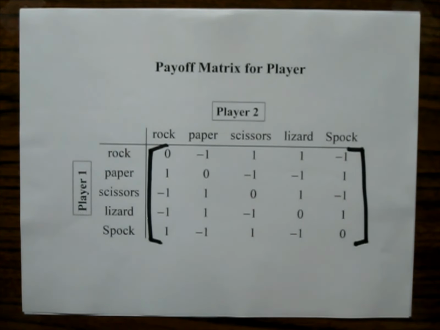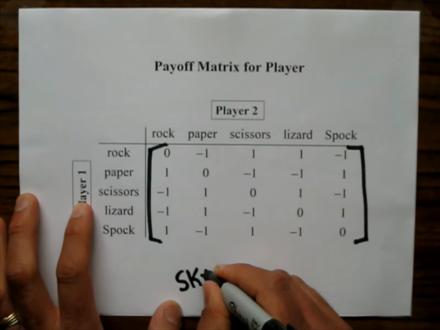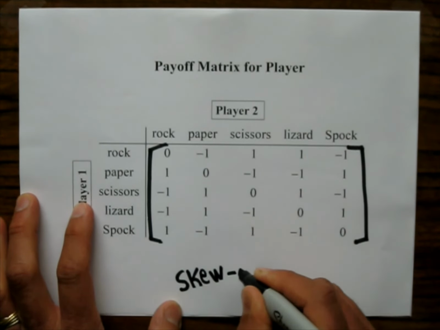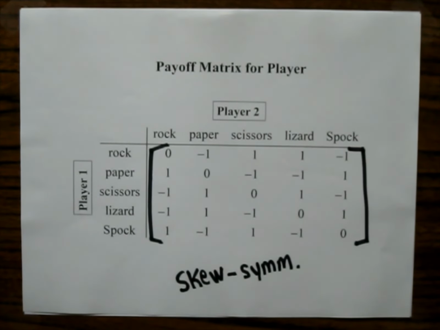That 5x5 matrix is very special. Why would it be special? Because it is skew-symmetric. And so maybe that has something to do with fair games.